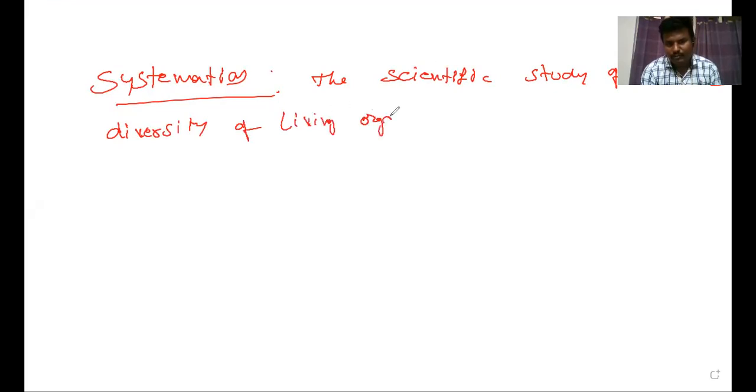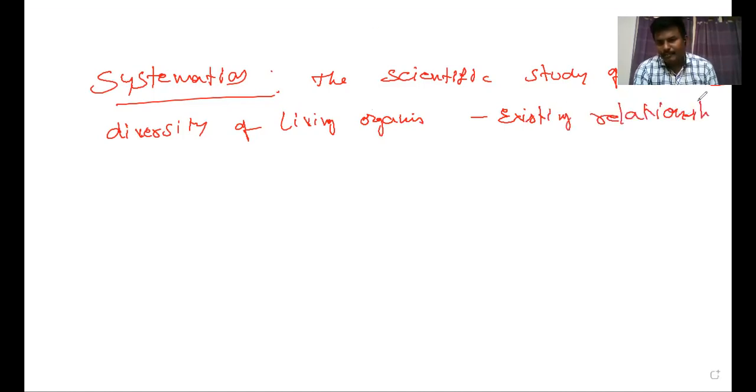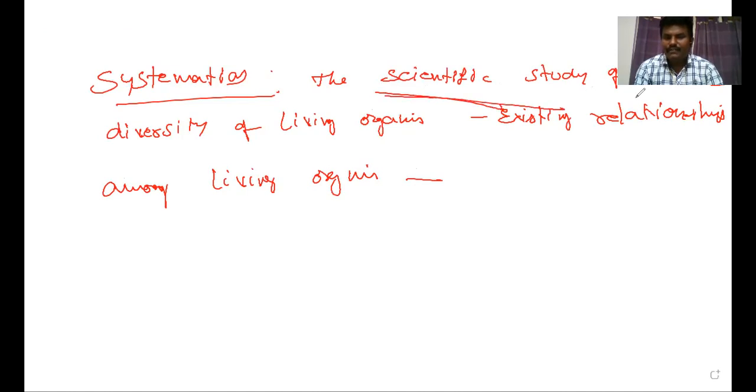Diversity of living organisms means the differences between the living organisms and the existing relationship among the living organisms, which is termed systematics. So scientifically studying different kinds of living organisms, their differences, and what kind of relationship exists between two organisms, that phenomenon is called systematics.